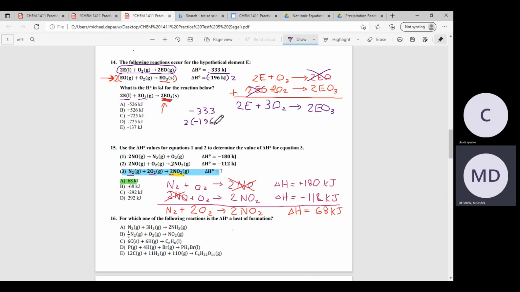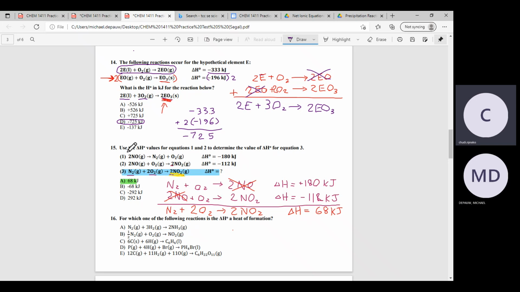And then I add that together, and that's going to give me negative 725, if you do the math correctly. Ta-da! Does that make sense? Yeah, it makes sense now.